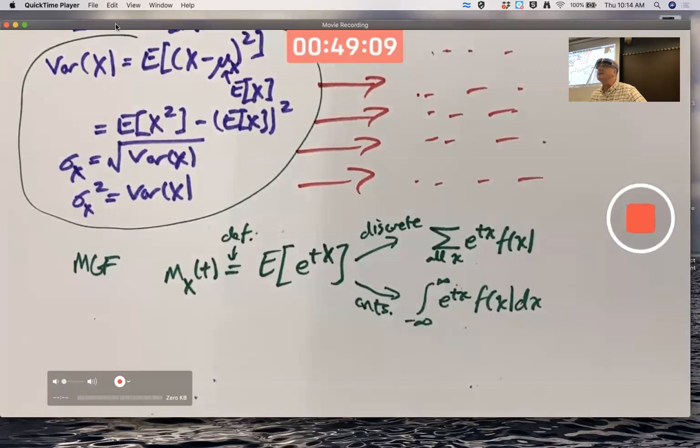To give you a little hint of a way such a random variable could come up, let X be the losses from fire in your building in the next year. Most likely there won't be a fire, so most likely X will be 0. There's a positive probability that X is 0.